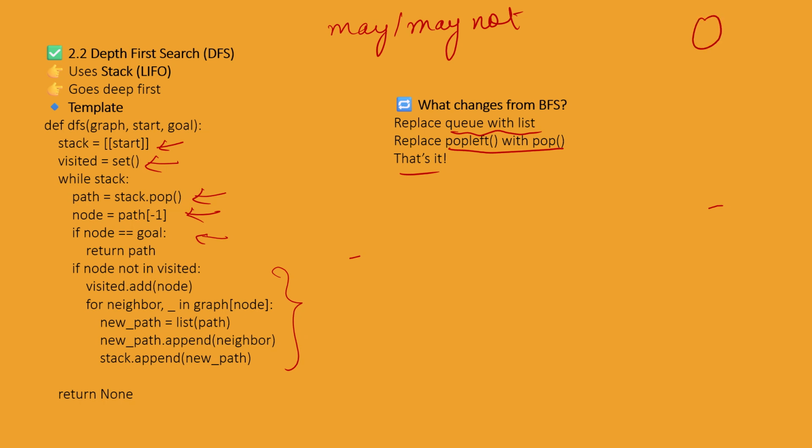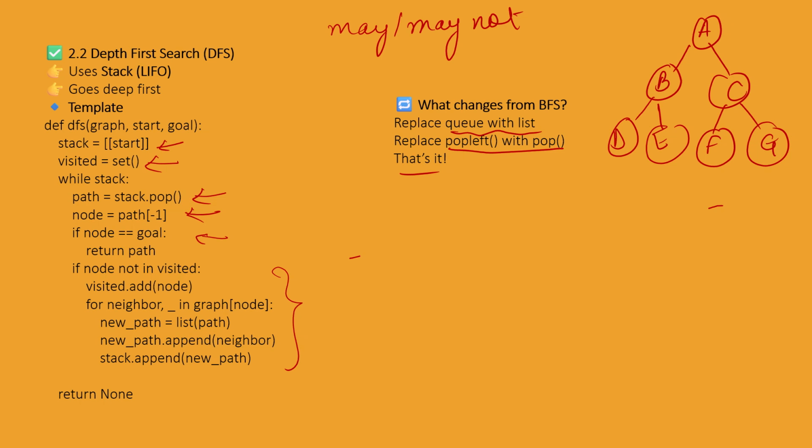Now I'll explain with the help of an example. A, B, C, D, E, F, and G. A is your starting node, so let's put A into the stack. Pop this A. Now you have B and C. Pop C, but now earlier the neighbors were going to the right.